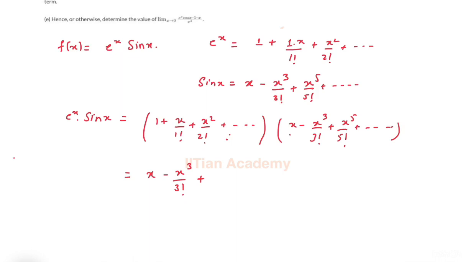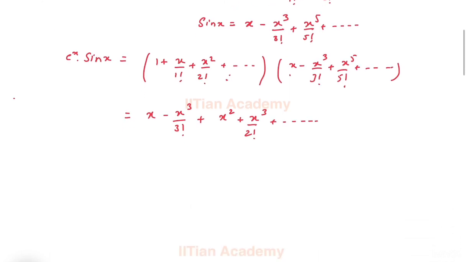When x is multiplied with x, we will get x square. And when x is multiplied with x cube, we will get powers higher than 3, so we are not interested in that. Again, x square is multiplied by x, we will get x cube by 2 factorial. And after that, all powers would be higher. They will be there, but for this particular question, we are not concerned about those.